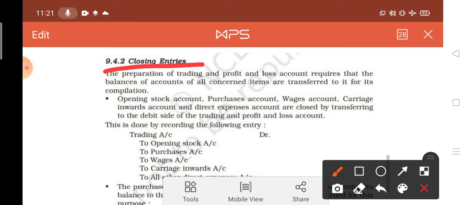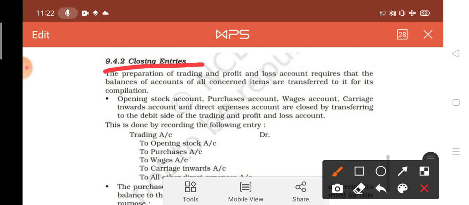The preparation of the trading and profit and loss account requires that the balances of all concerned items are transferred to it for its compilation. Now, in the trading account, you know the format: on the debit side, opening stock, purchases and direct expenses like wages and carriage inward will be covered, and on the credit side, sales and closing stock.